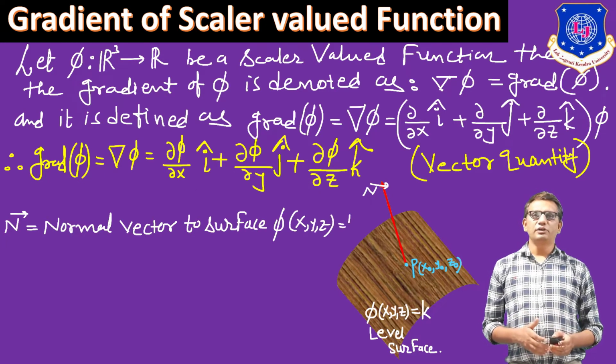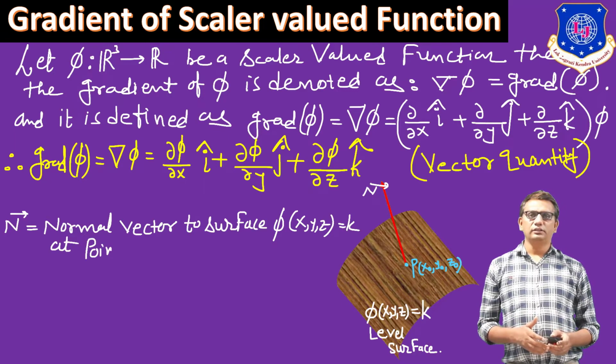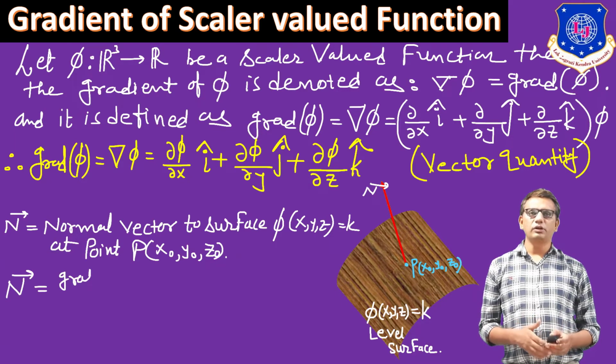Here it is denoted as n bar, the normal vector to the surface at the particular point x0, y0, z0. It is nothing but the gradient of phi at the particular point P. It is also denoted as del phi at point P.